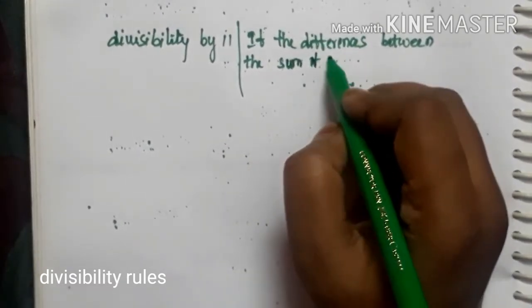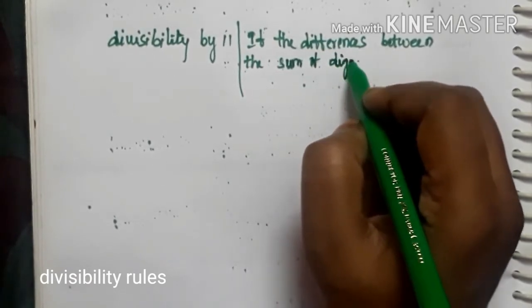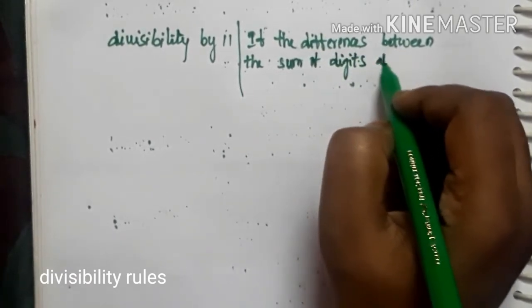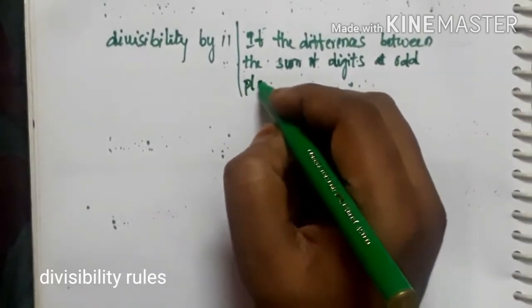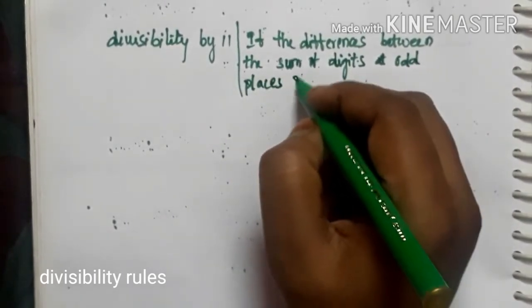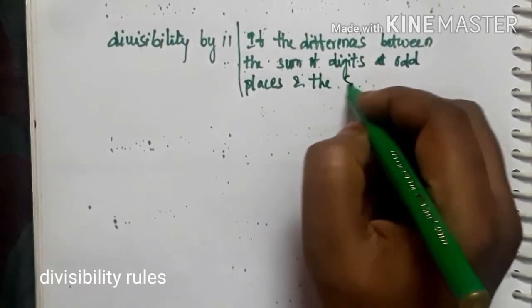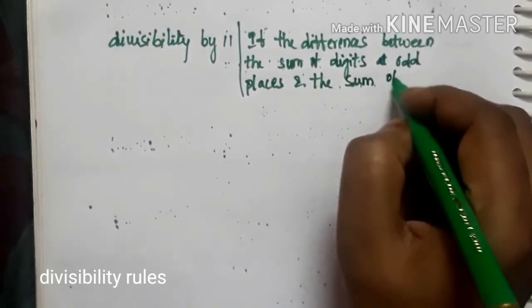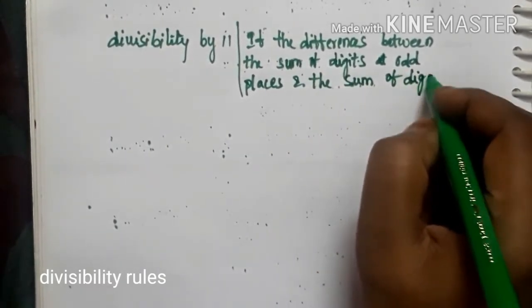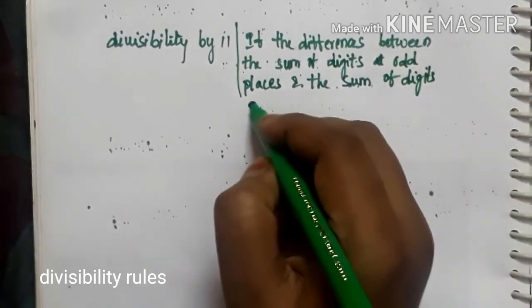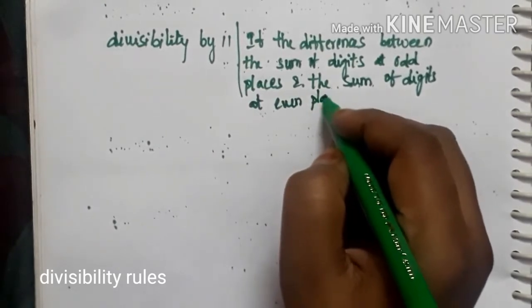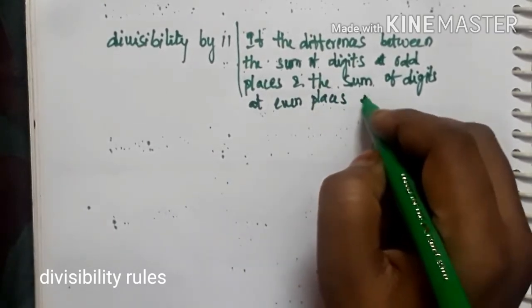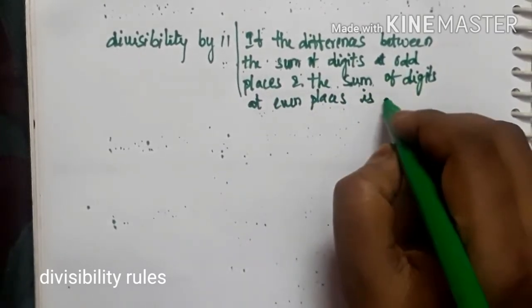The difference between the sum of digits at odd places and the sum of digits at even places is either 0 or divisible by 11. Then that number is divisible by 11.